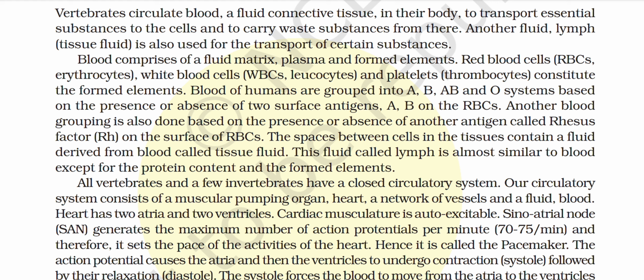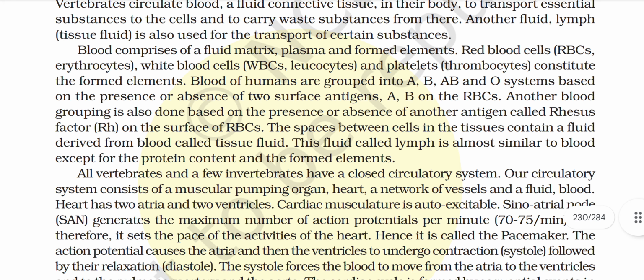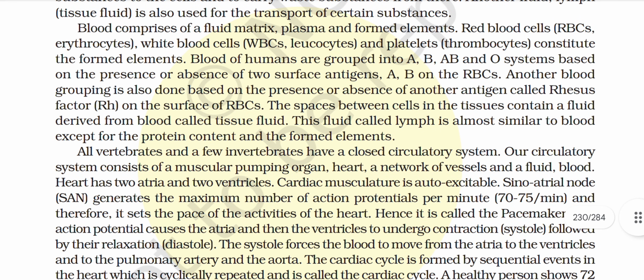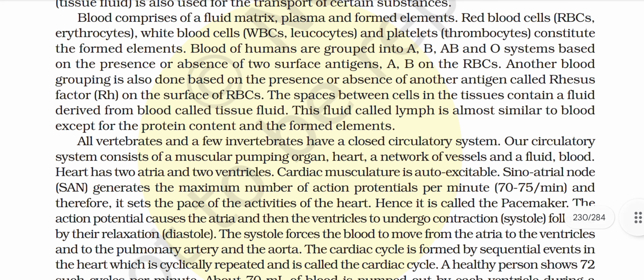Another fluid, lymph or tissue fluid, is also used for the transport of certain substances. Blood comprises a fluid matrix, plasma, and formed elements. Red blood cells, RBC or erythrocytes, WBC or leukocytes, and platelets or thrombocytes constitute the formed elements. Human blood is grouped into A, B, AB, and O systems based on the presence or absence of two surface antigens, A and B, on the RBCs.